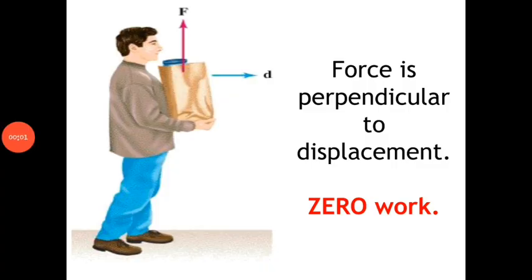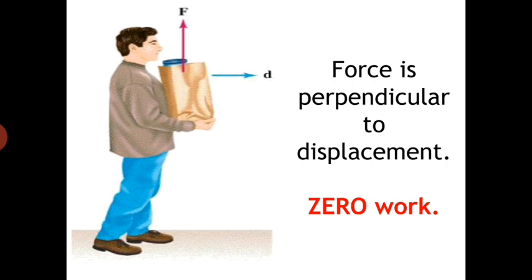Now here, I just want to emphasize that if the force is perpendicular to the displacement, there is zero work. There is no work done. For example, this man here carrying some baggage. Now, the direction of the force applied by the man is going upward.